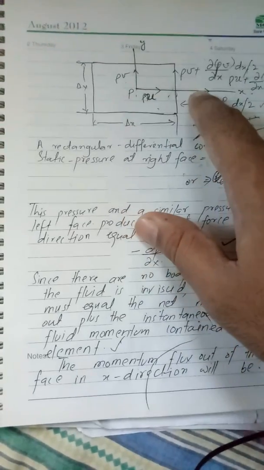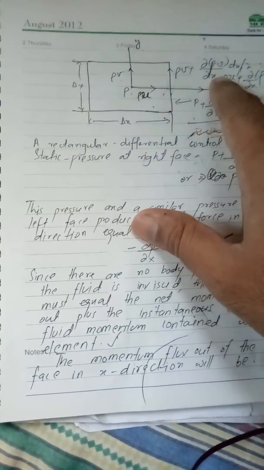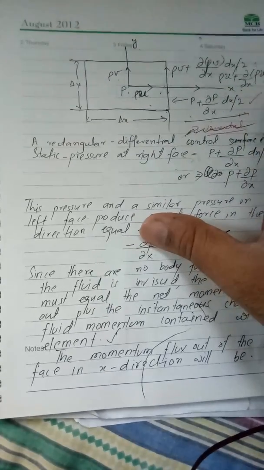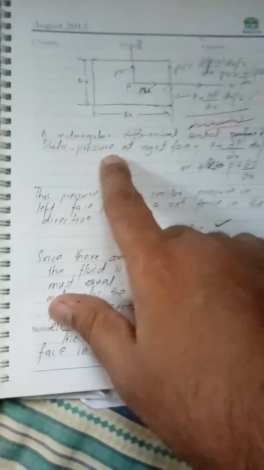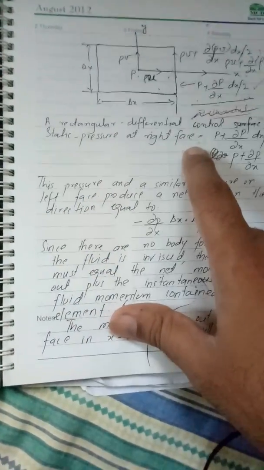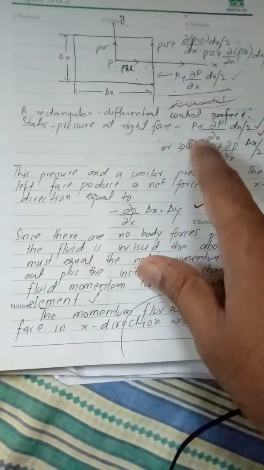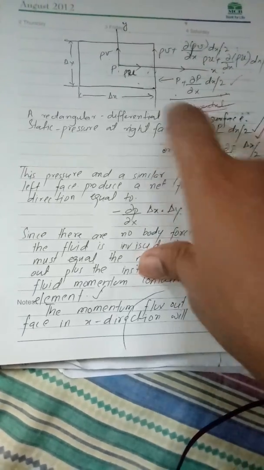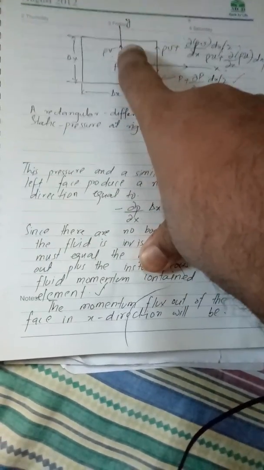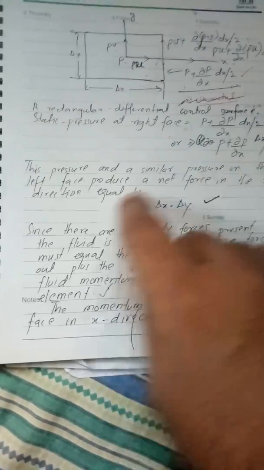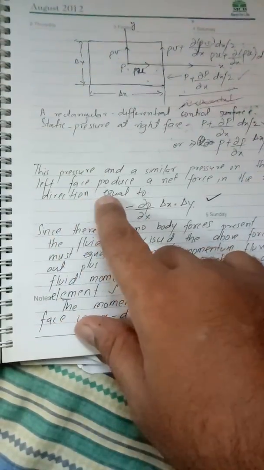This is ρv plus ∂(ρv)/∂x times dx/2, and ρu plus ∂(ρu)/∂x times dx/2 as well. So for the rectangular differential control surface, the static pressure at the right face is shown by this one. Half is taken because we are talking about half of the length. So this pressure and a similar pressure on the left face produce a net force in the x direction equal to this one.